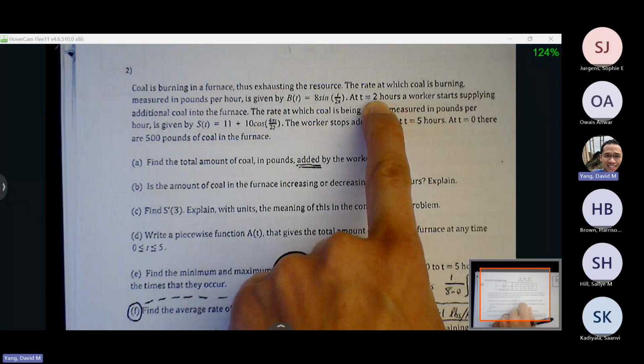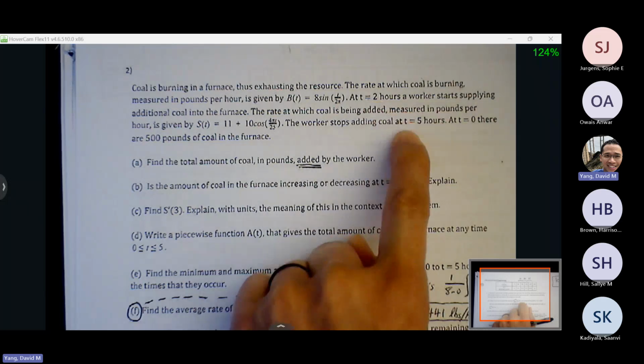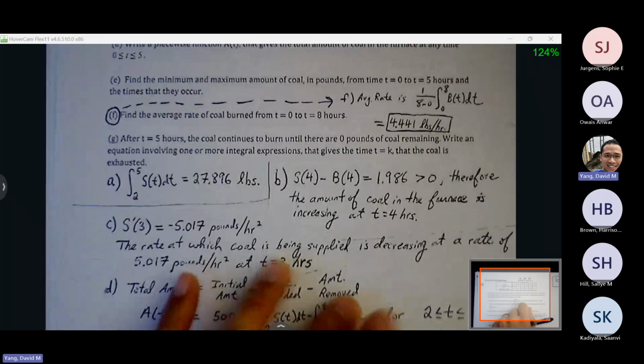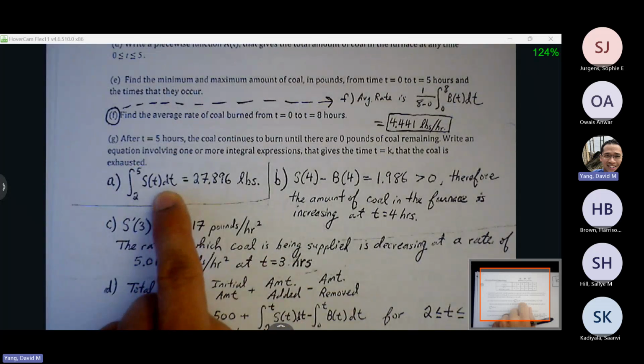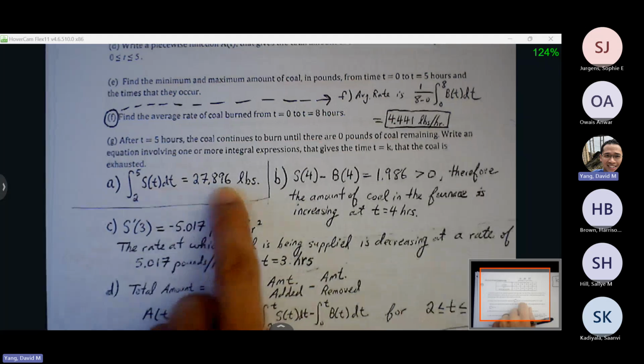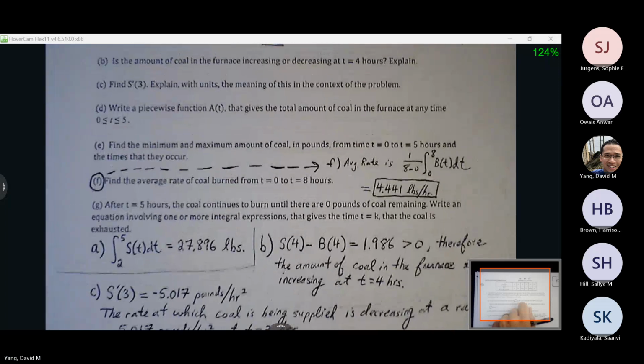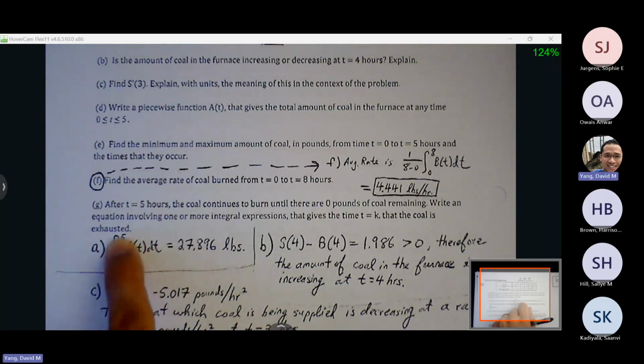At 2 hours, the worker starts to add additional coal, and then at 5 hours, he stops. So part A is just the integral from 2 to 5 of S of T dt. S of T is pounds per hour, so if we take the antiderivative, that's going to strip away that per hour and just give us pounds. And this is the calculator setup problem here.